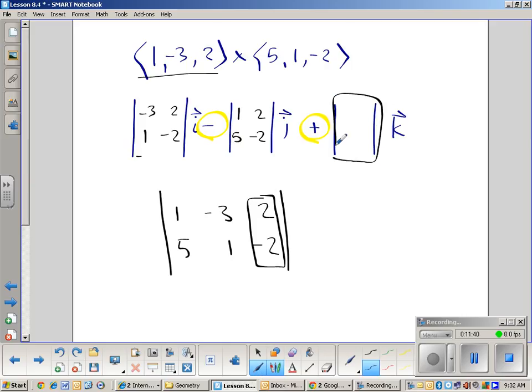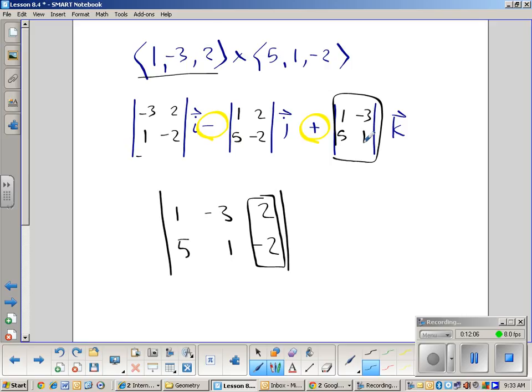Okay, can you read the first row for me? 1. Okay, and then what? Negative 3. There you go. You said 1, 5, negative 3, 1. I wasn't sure how you meant to write it. You probably meant it right. I just didn't understand it because I was expecting to read across first. Okay? So that's what we get.